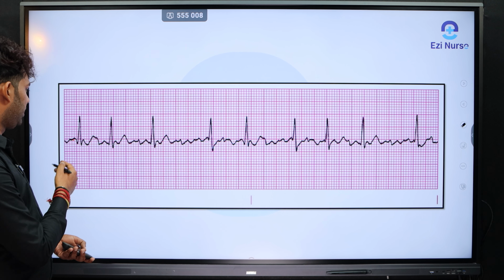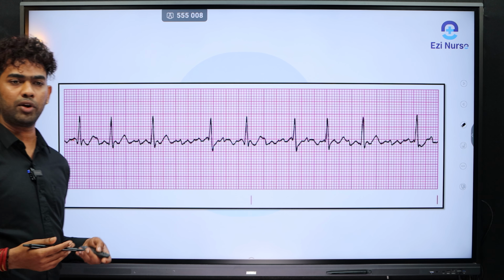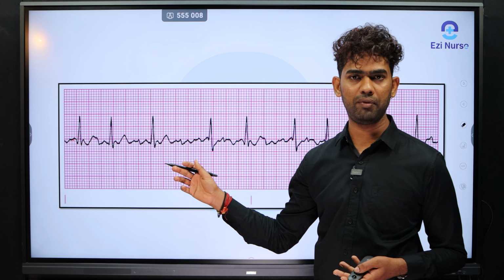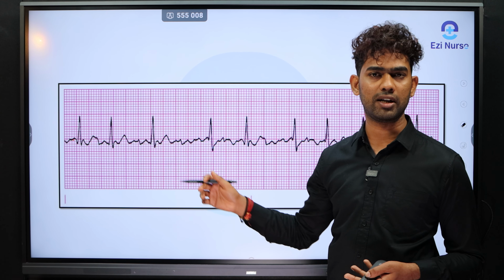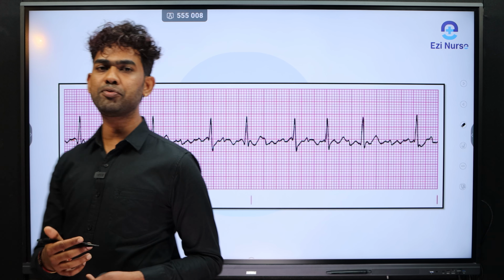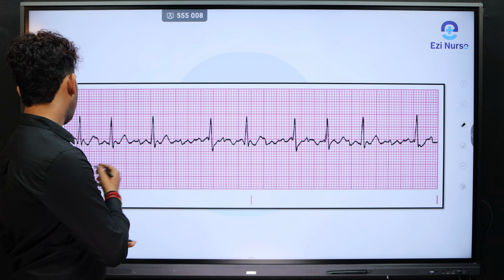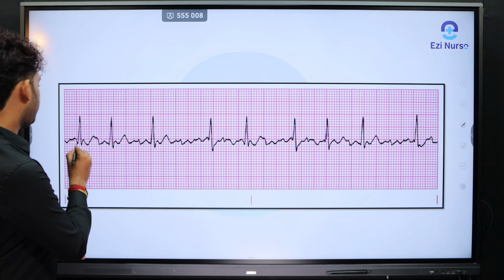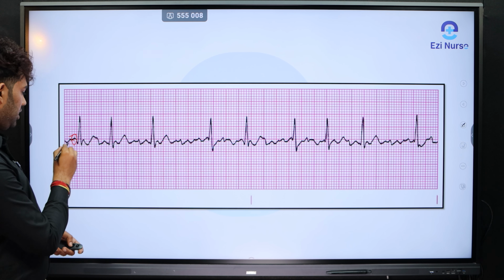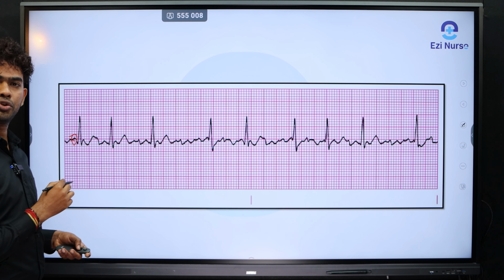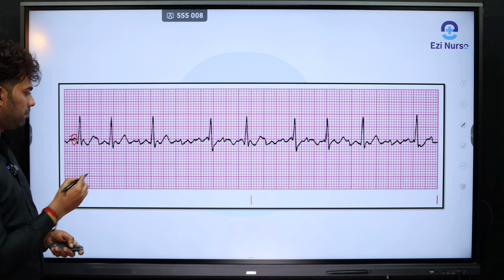When you get an ECG, first we have to check the P wave, then the PR interval, the QRS complex and the T wave. That is the sequence of steps to assess the ECG. Look here, the P wave is here, but there are only 2 columns, right? If there are 2 columns, then the P wave is not normal.